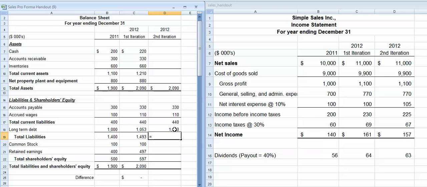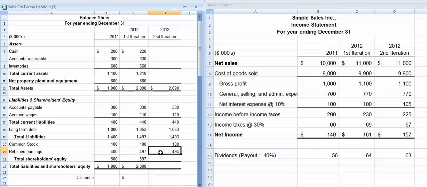Our total liabilities and equity then, 1,053 plus our 440. We have 1,493. Our common stock, we said there'd be no change, 100. Our retained earnings, again, is our beginning retained earnings, which was the $400 from 2011, plus our $157 in net income, minus our $63 in dividends.